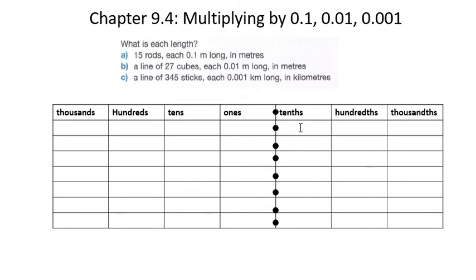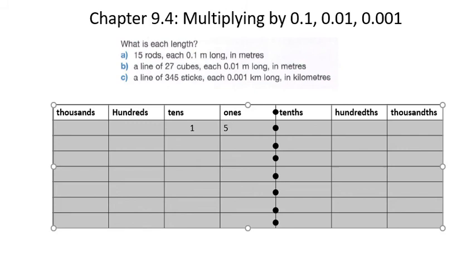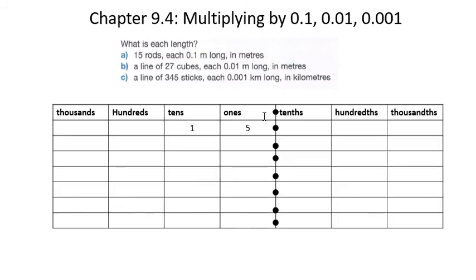And we can show that in many different ways, but I'm going to show you by saying if this is 15, that's 1 ten and 5 ones, and I'll just center this. So we're all centered. So this is like saying 1 ten and 5 ones and 0 tenths.